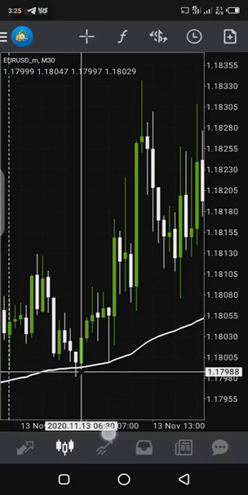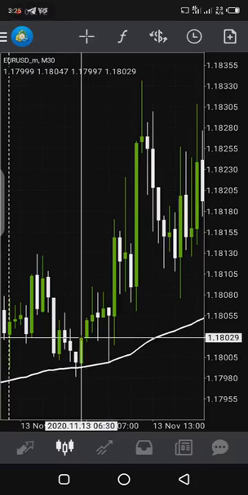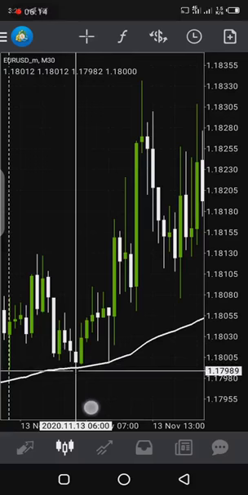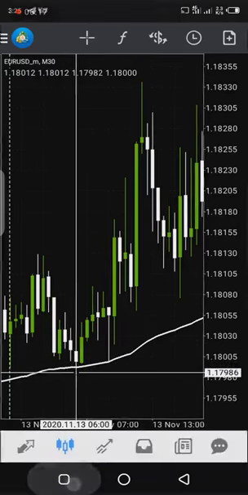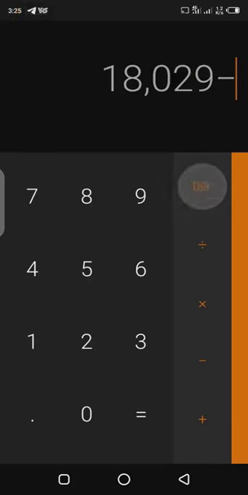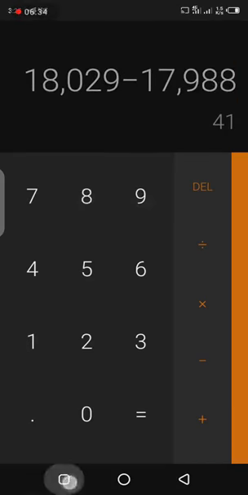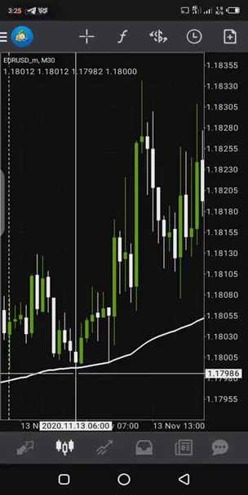Stop loss at 17988. From 18029 to 17988, it's as little as 4 pips. Wow.